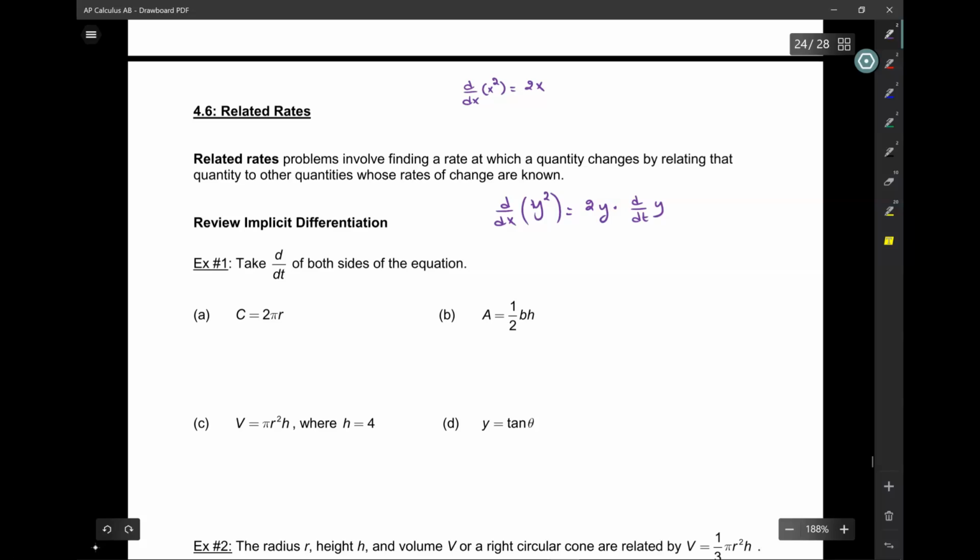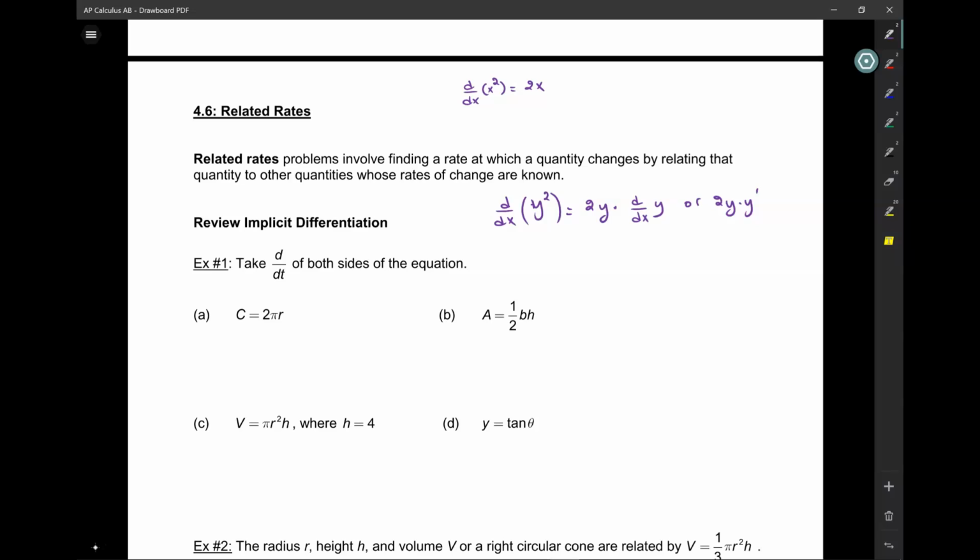So it's 2y dy/dt, or I'm sorry, dy/dx. Or I could say 2y y prime. Same thing.